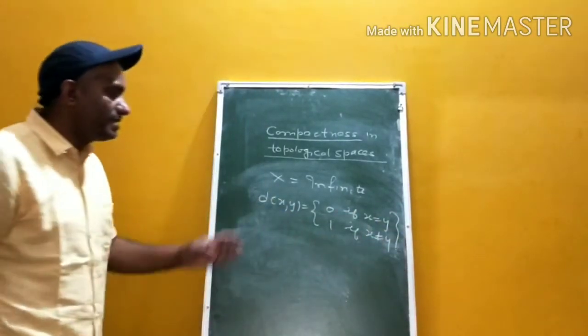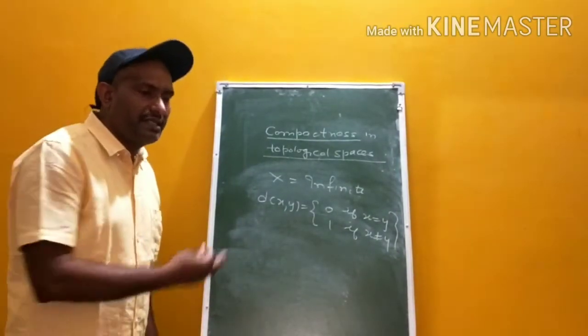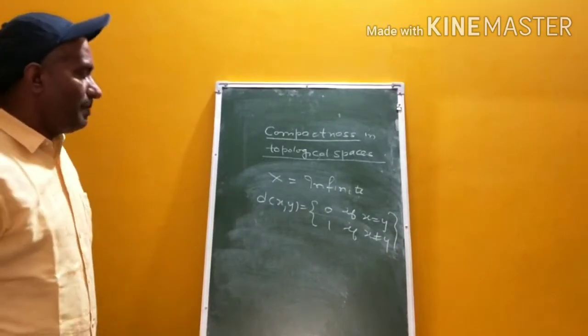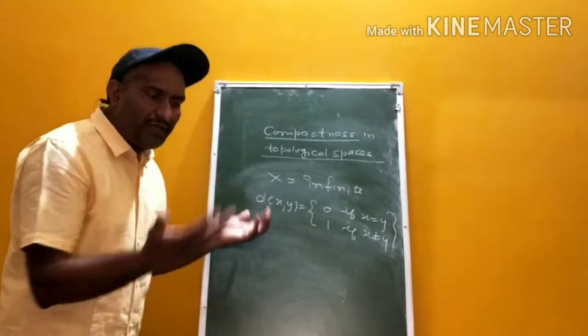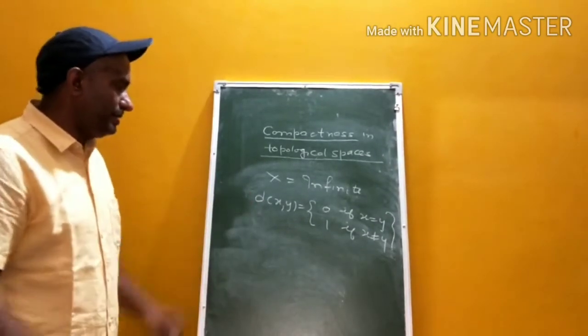Here this set is closed and bounded, but it is not compact. It is closed because it has no limit point, so its derived set is empty.